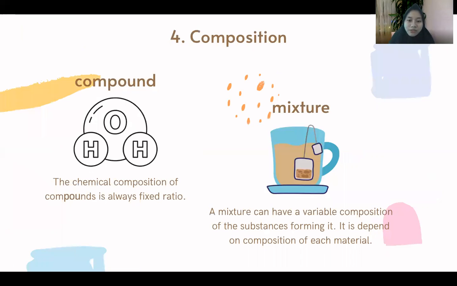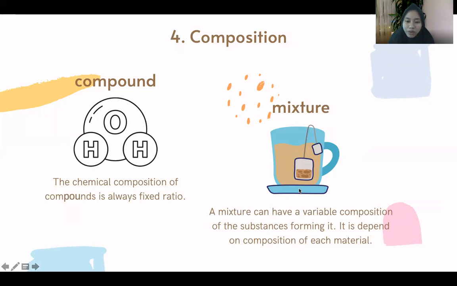For the composition of compound and mixture. For the compound, the chemical composition is always a fixed ratio. Like water always consists of two hydrogen and one oxygen. But in a mixture, it depends on the composition of each material.